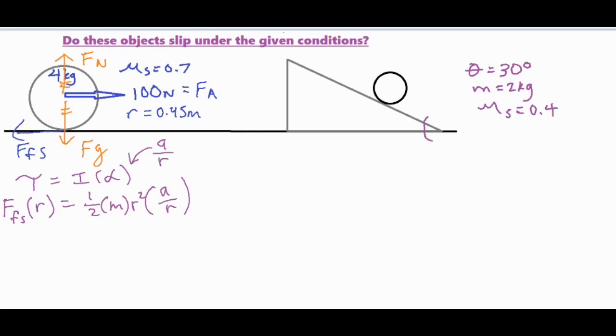Now we're going to have a few things cancel out. This r is going to cancel one of these r's, and then this r is going to cancel this one on both sides. So it simplifies quite a bit, and the force of static friction is equal to 1/2 m times a. So if we want to solve for that acceleration, we could multiply both sides by 2, and then we would get 2 times the force of static friction, and then divide both sides by m as well.